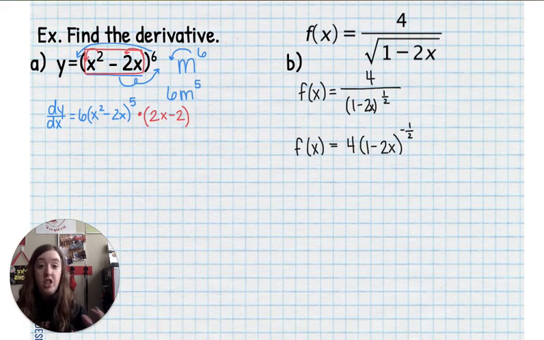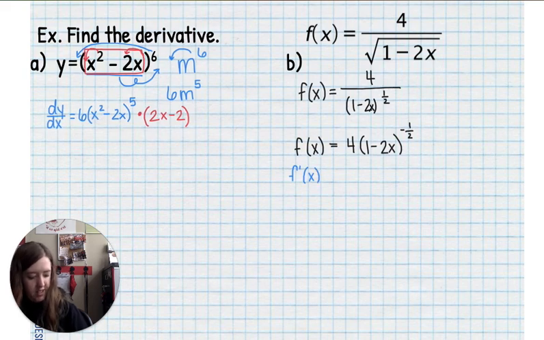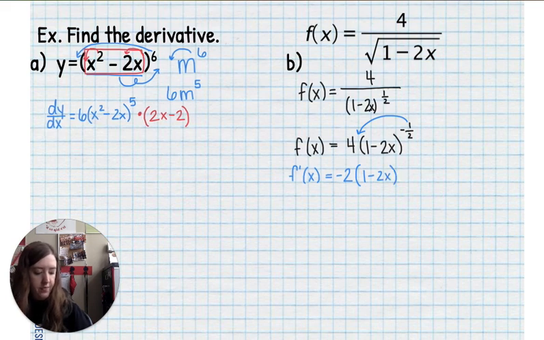So we're going to look at just the outside stuff to find my derivative. I'm going to take the derivative of the outside, bring this down and multiply. 4 times negative 1/2 is negative 2. Inside stays the same. We'll subtract 1, so we're going to subtract 2 over 2 from negative 1/2, and we'll get negative 3 halves.